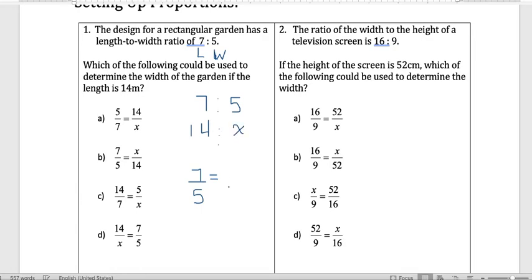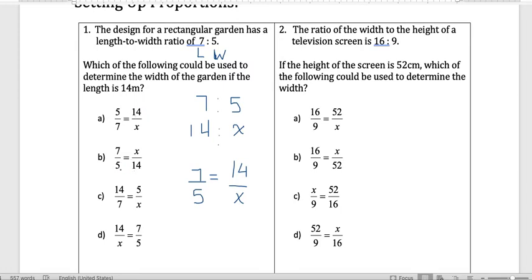This is why we read the questions more than once. So making sure the length is all across the top, width is all across the bottom. We want to find the ratio that looks like this. So when we look at this, we need to see that our x and our 5 are together horizontally. So x and 14, or 5 and 14, that can't be right because 14 is a length, 5 is a width.